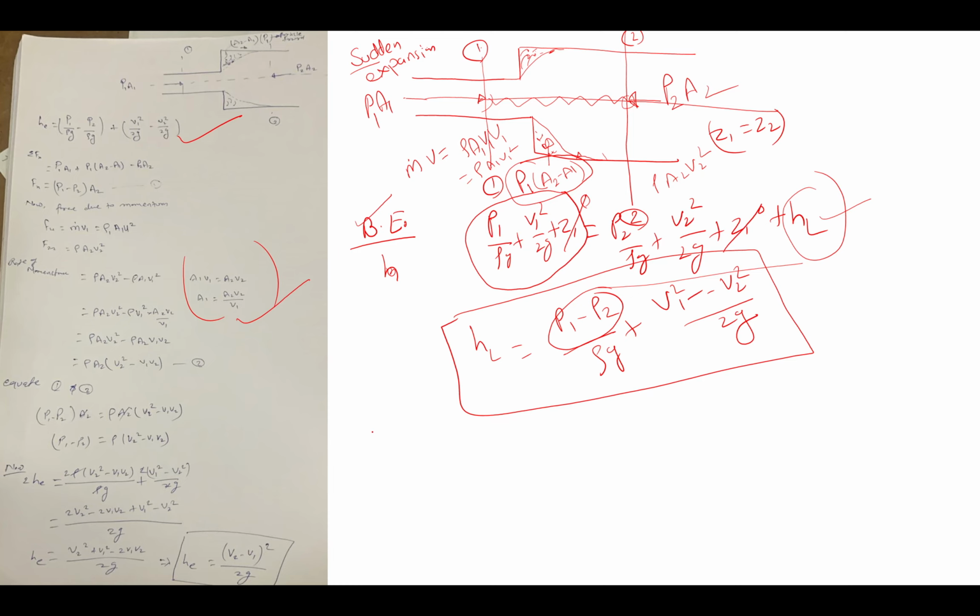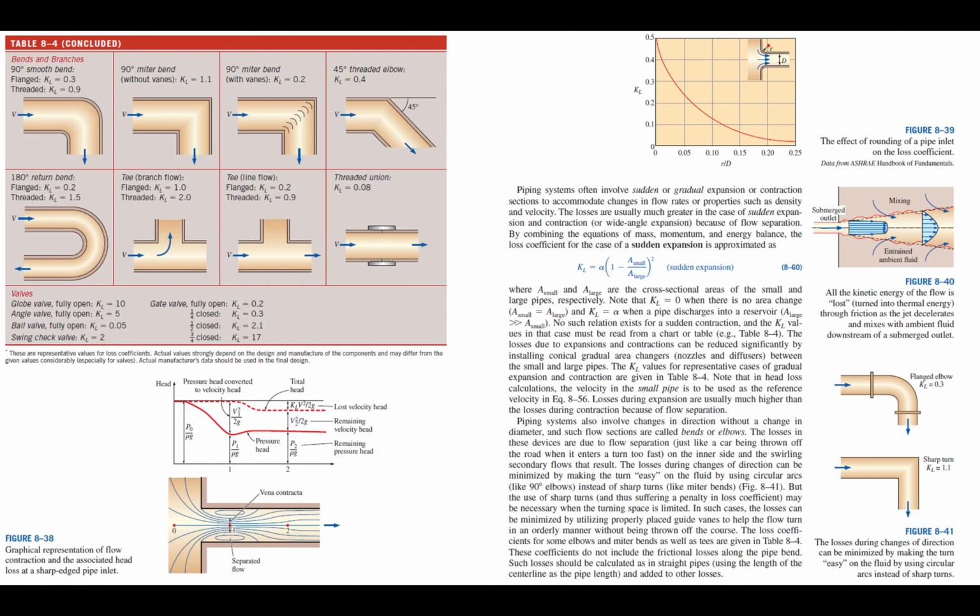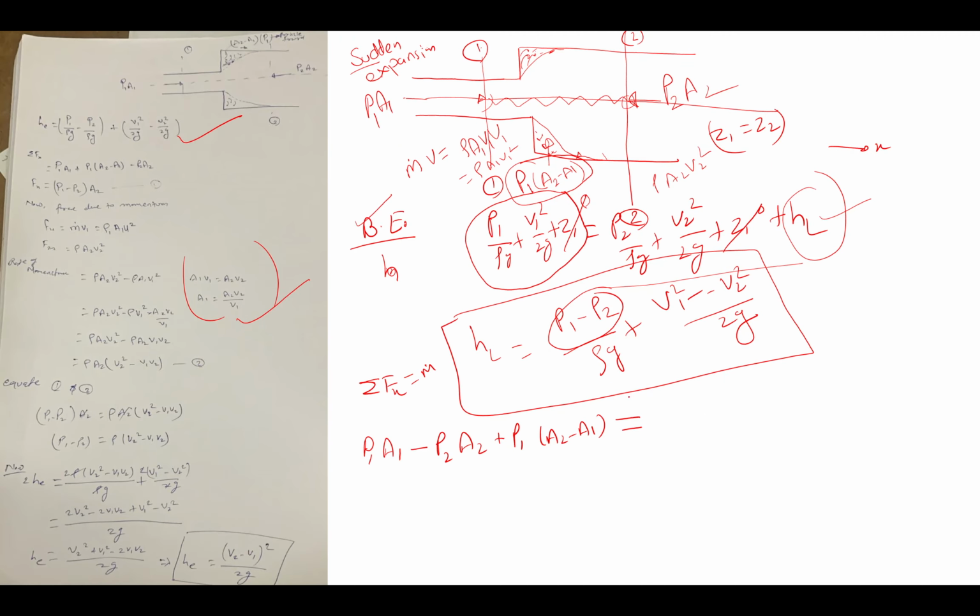Your force equation is P1 A1 in this direction, summation of Fx, if this is the x direction: P1 A1 minus P2 A2 plus P1 (A2 minus A1). This is the force. Force is equal to the rate of change of momentum, MV. So how much will your MV be?